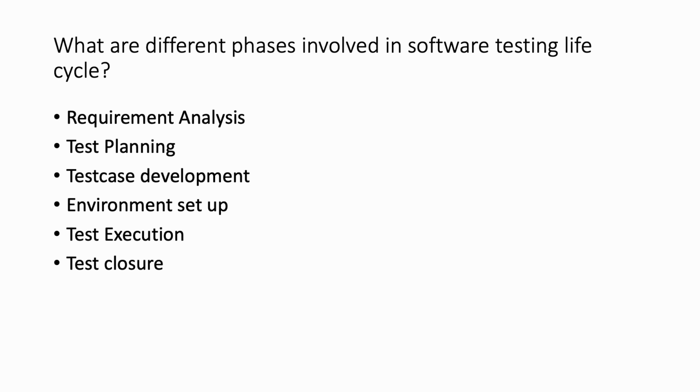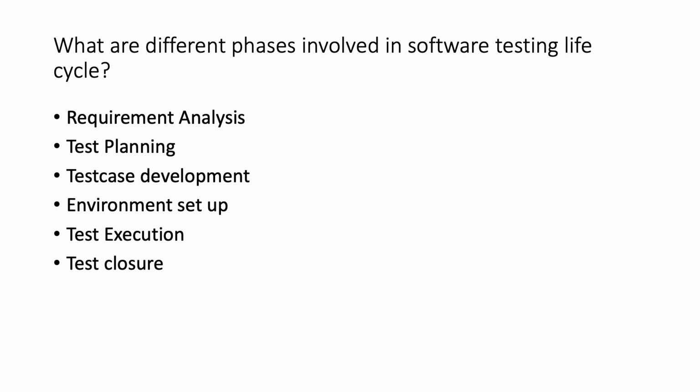Different kinds of environments are there. We will come to know in our later sessions. If you know system integration testing, SIT environment, UAT environment, prod environment, so different environments are there. In that we need to check whether the code has been deployed or not.